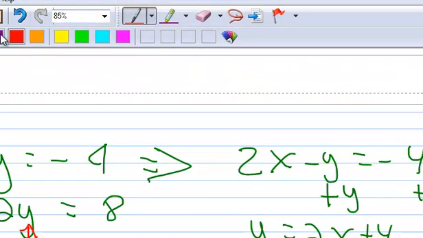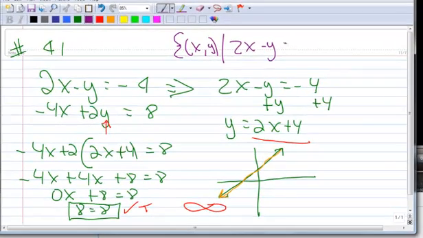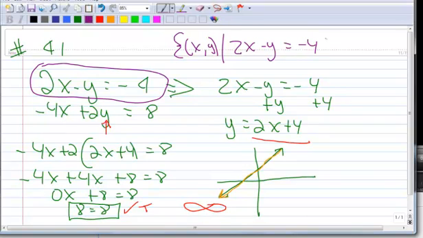Now the way that we're going to write this particular solution is that the solutions for x, y are going to be written as 2x minus y equals negative 4, and that of course comes from this equation right here.